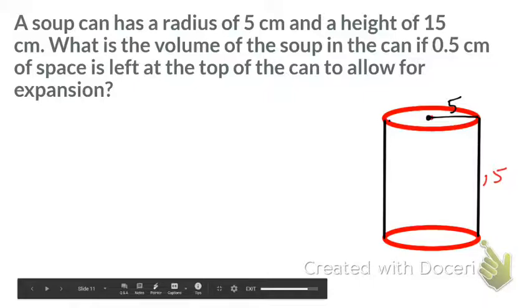It has to have a little bit of air at the very top, so you can shake it around and hear it swish around. Otherwise, the can would explode when someone opens it, or squirt out. You don't want that. So at the very top, there is this half centimeter of space left. So how would you solve this?